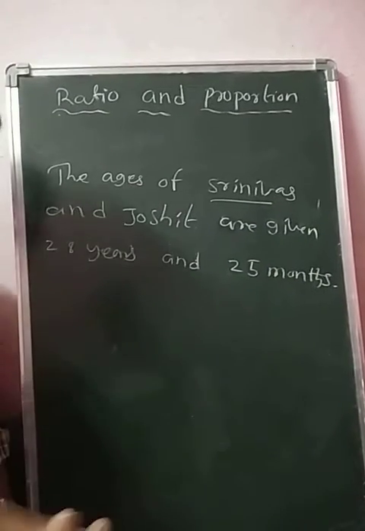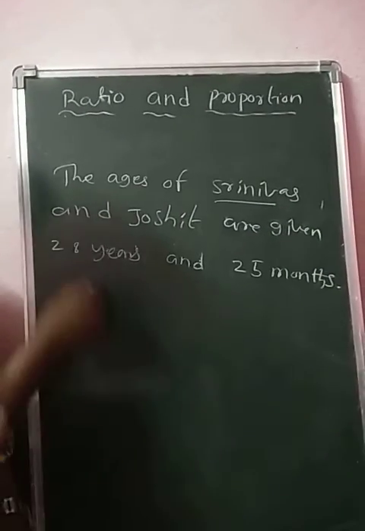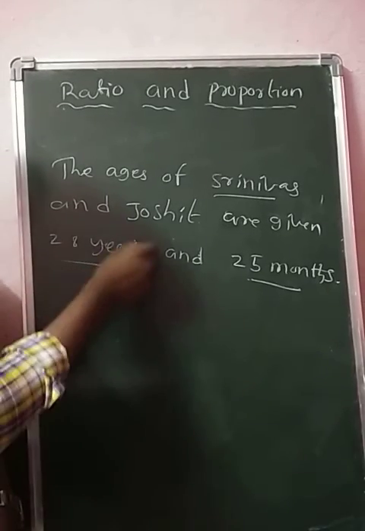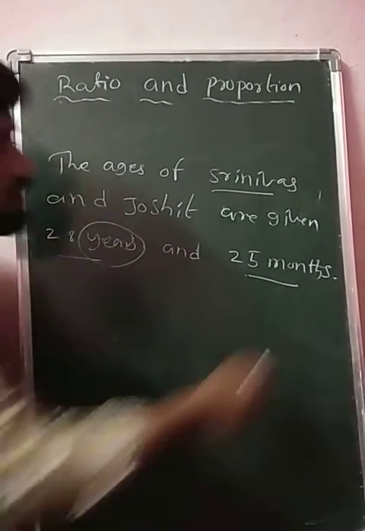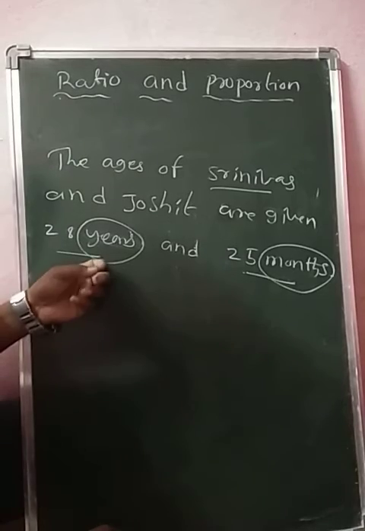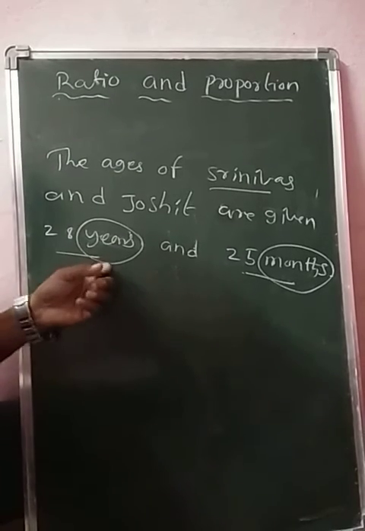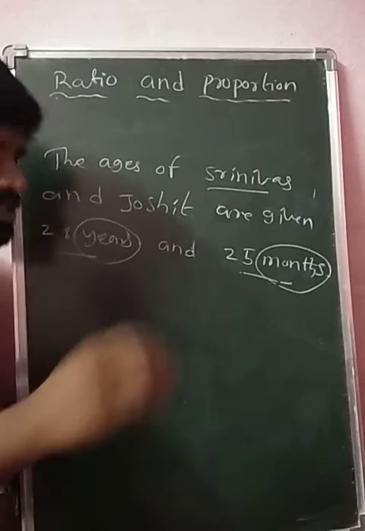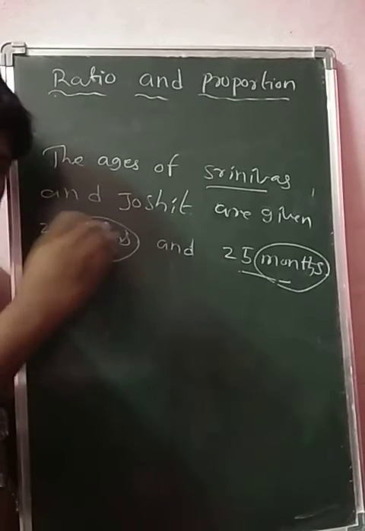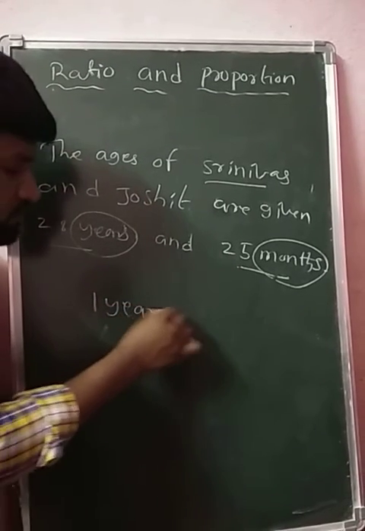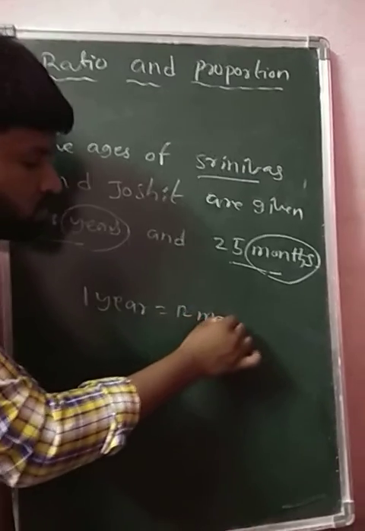Now observe these two ages. Here the units are years, here the units are months. We can change years into months because 1 year is equal to 12 months.